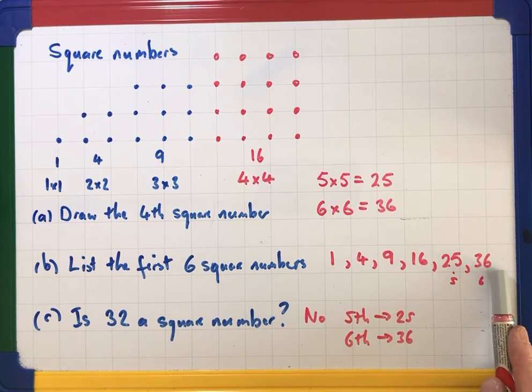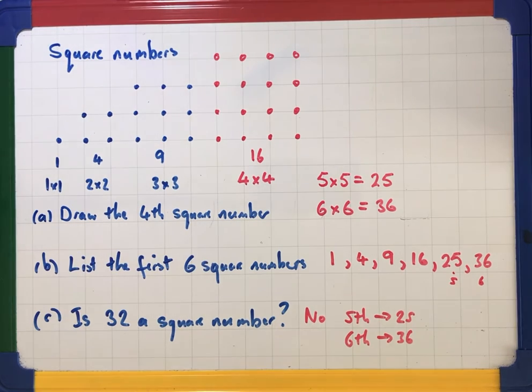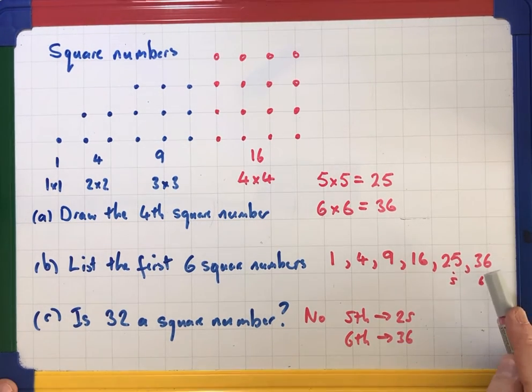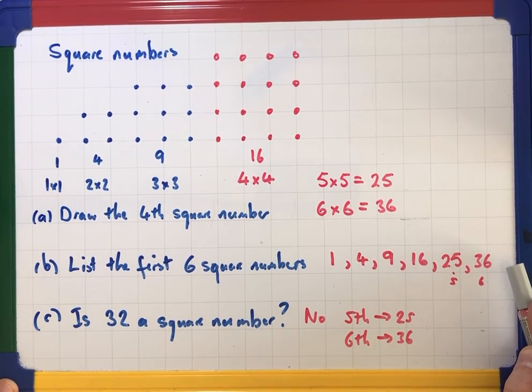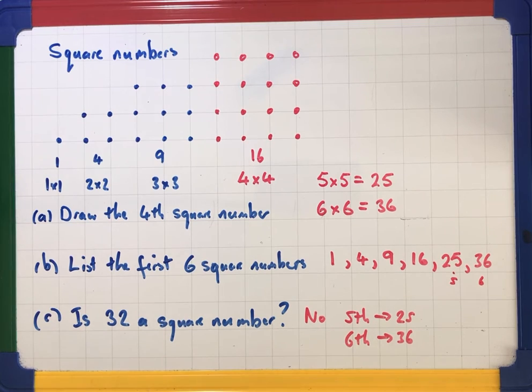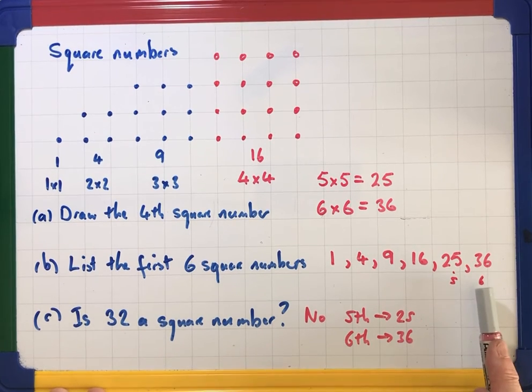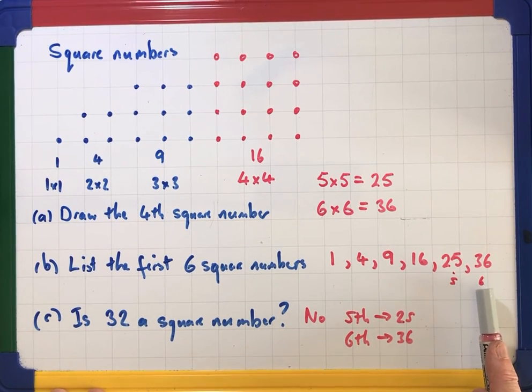And you can tell that because 36 was bigger than 32, but below it, 32 is not one of them. So 32 is not a square number. If I was asked, is 45 a square number, I'd have had to go up to 49, which is the next square number, and 45 is smaller than that, so 45 would not be a square number. So if it's in that list, it's a square number. If it's not, then it's not a square number.